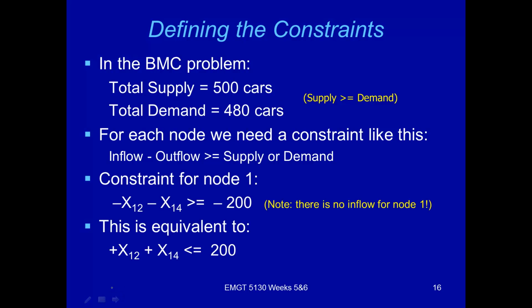Okay, so for the constraints, the node 1, which is the supply node, we first wrote in this format because that's the most familiar way to us. But later we talked about how we can write in this format because they are exactly the same. And this is the way that conforms to this standard constraint format.